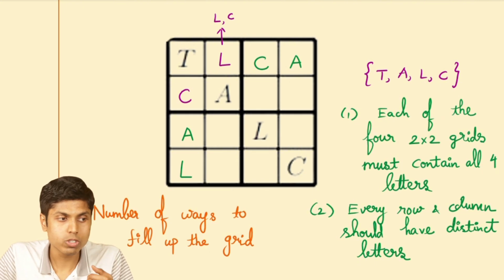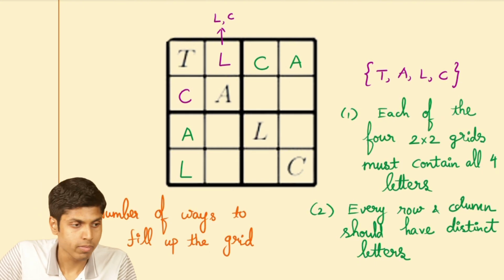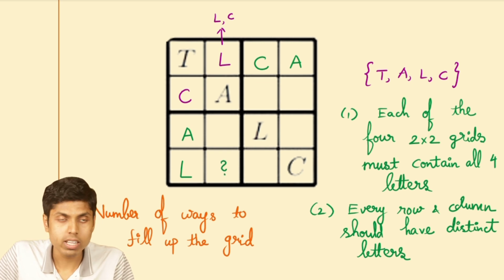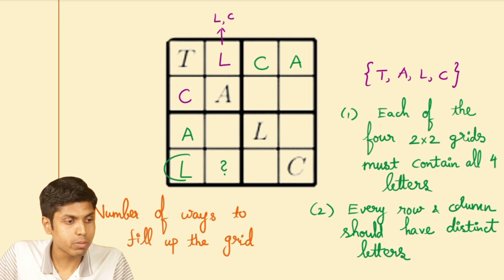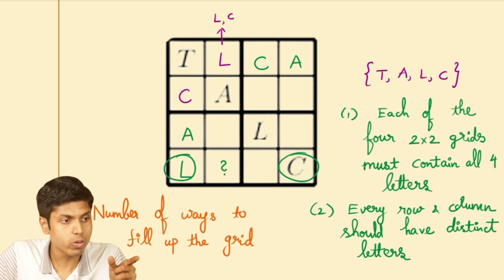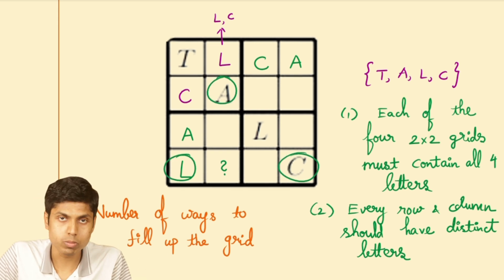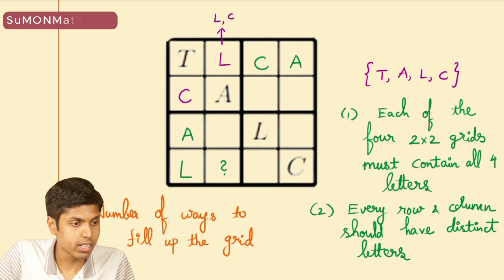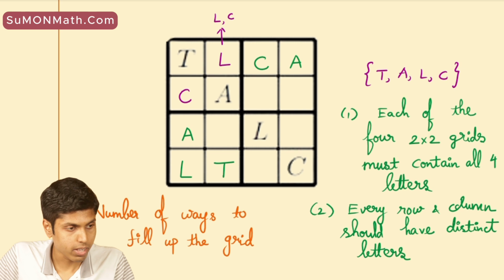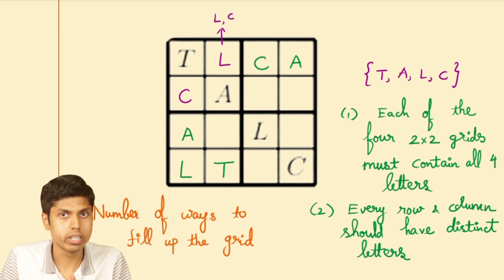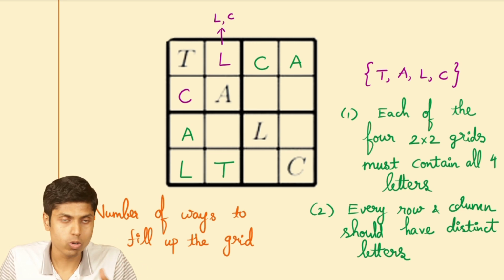Alright, now you have to chase the letters cleverly. Think about the cell that is just marked. You could see L is present and C is present in the corresponding row, and A is also present in the corresponding column, implying that the question mark should be replaced by T, because the letter should not be repeated in the corresponding row or column.